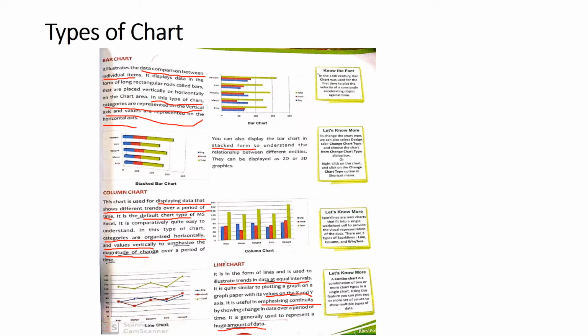In this type of chart, the categories are organized horizontally, as in the bar chart the categories were represented vertically, and it is the reverse case of it, and values are represented vertically to emphasize the magnitude of change over a period of time.